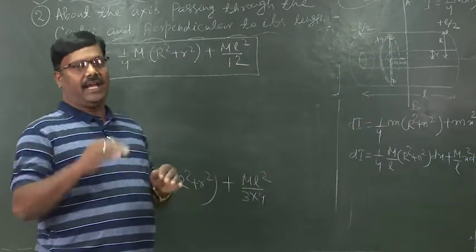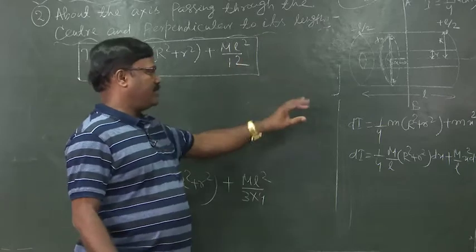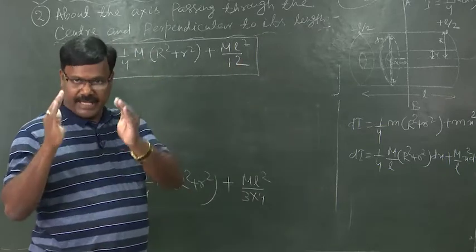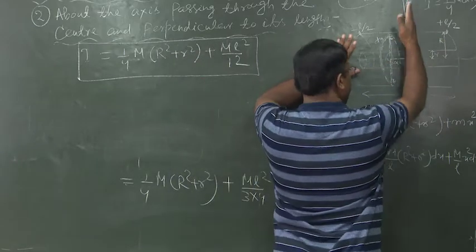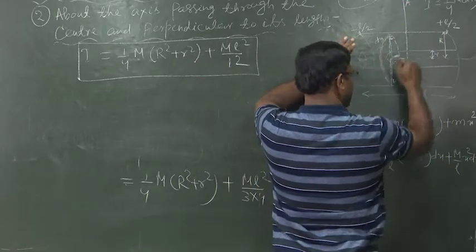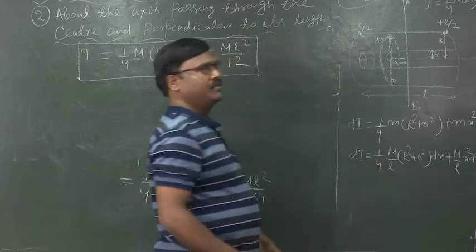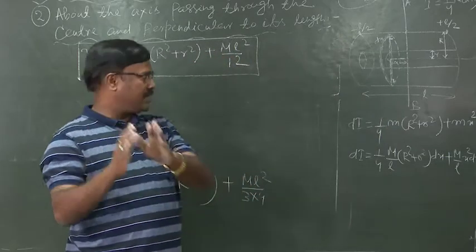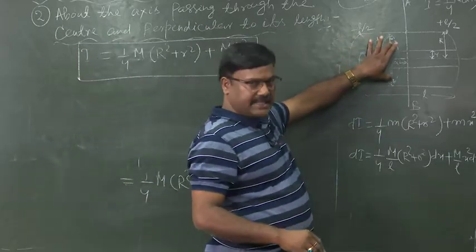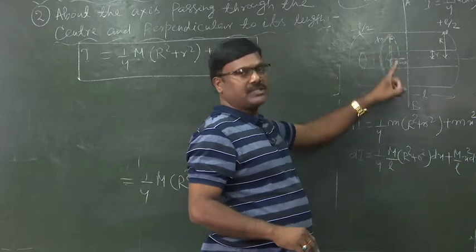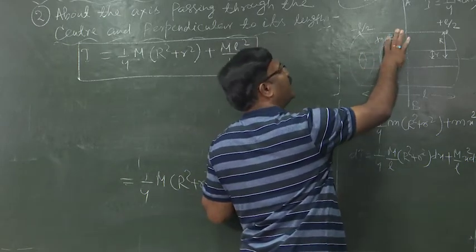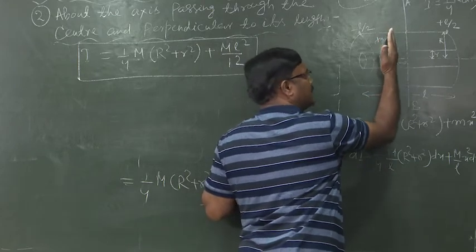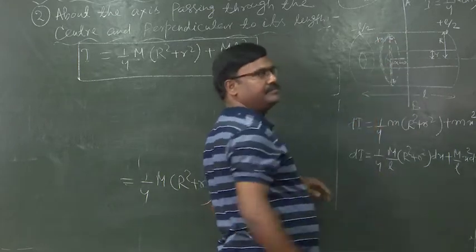Once again, I am giving a recapitulation. Our aim is to find out the moment of inertia of a circular ring about the axis AB passing through its center and perpendicular to its length. For this, we have considered a circular disc and first we calculated the moment of inertia of this circular disc about one of its diameter CD.